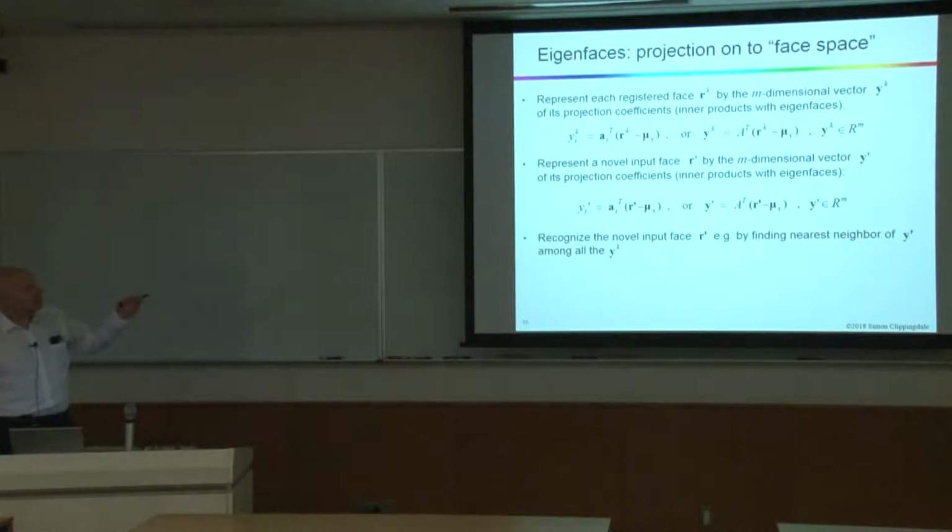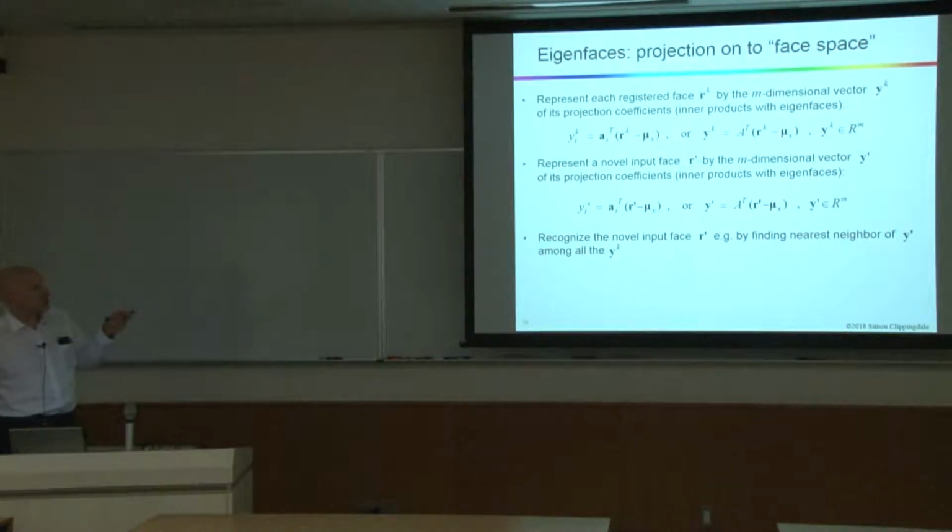So projecting each of these faces onto face space. Having designed our face space, now we have a bunch of faces that we want to register in our database. Now these don't have to be the same ones as we used to build the face space, but they often are. So here's a number of faces, RK, the kth face that we want to register in our database, and we project each of those onto our face space in the usual way.